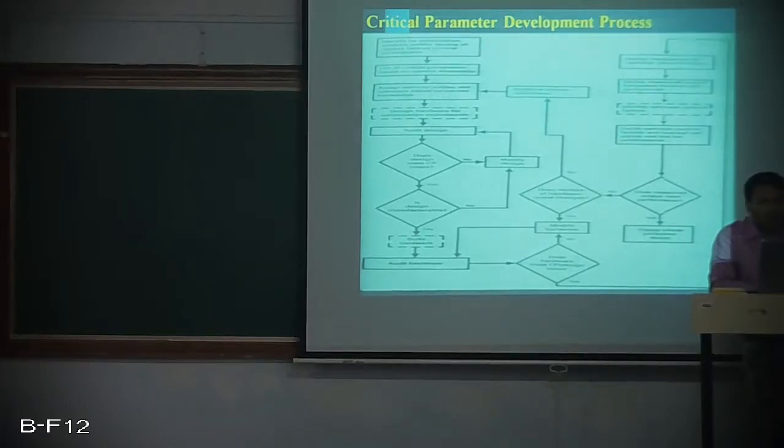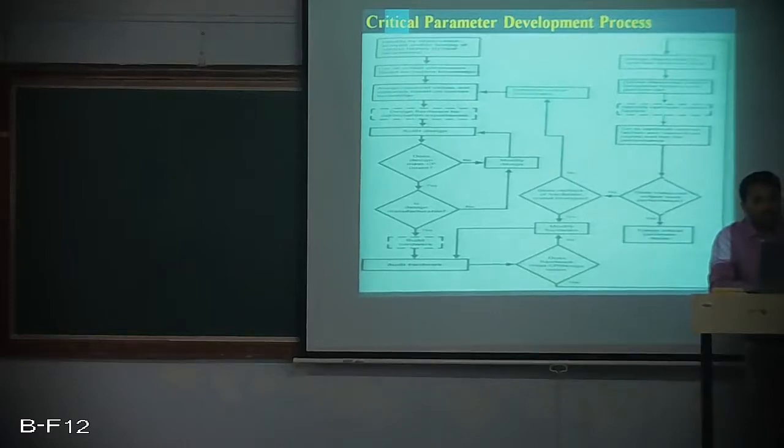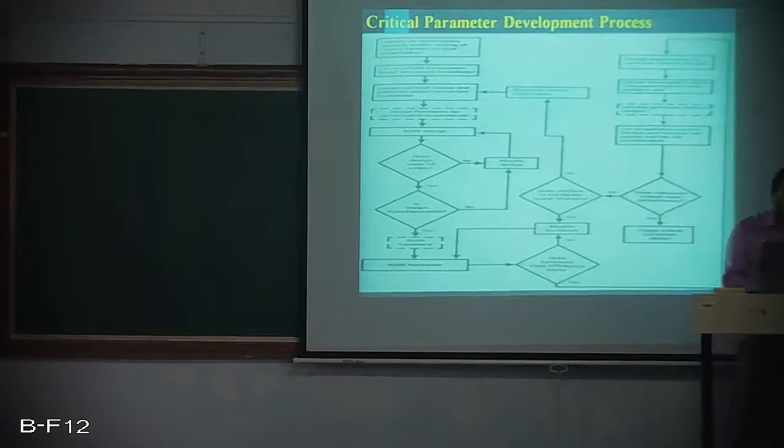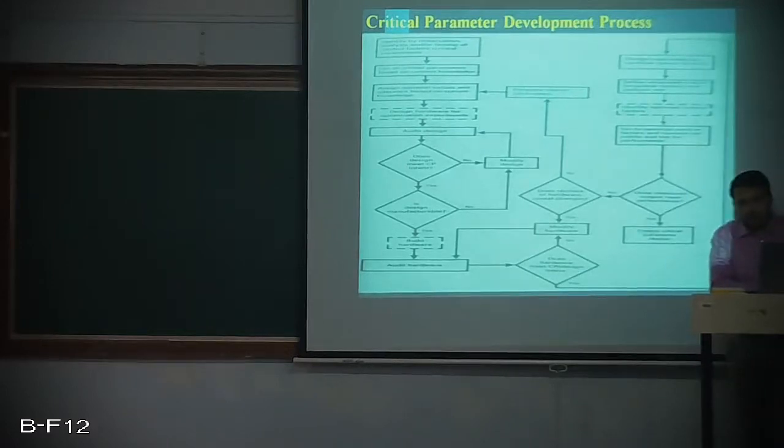If the rechecking of the hardware is not suitable, then you need to redefine the critical parameters, and after redefining them, you need to assign nominal values and tolerance based on your current knowledge, and then proceed with the further steps.